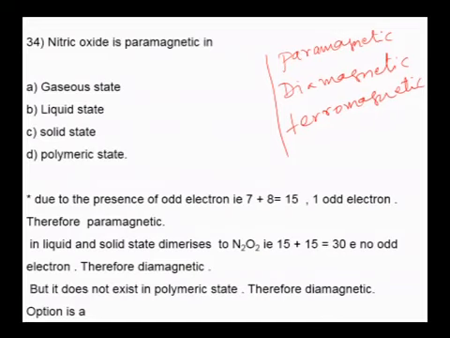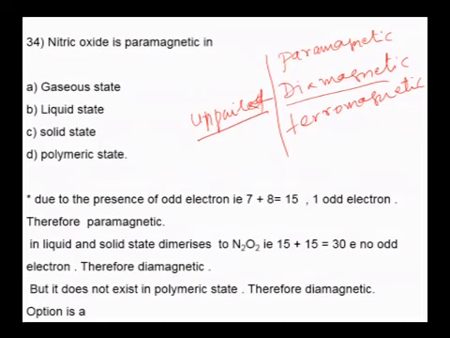Let us see what is a diamagnetic substance. A substance which is not attracted by the magnetic field is called diamagnetic. This is due to the absence of unpaired electrons. A compound or molecule not having an unpaired, single or odd electron is not attracted by the magnetic field, hence they are called diamagnetic substances.